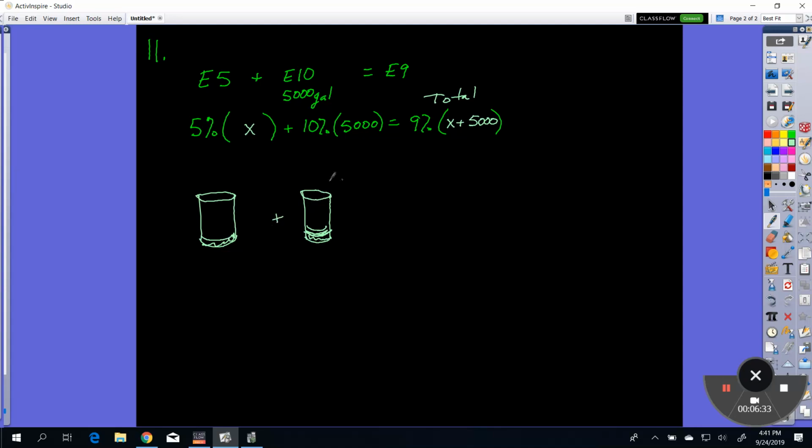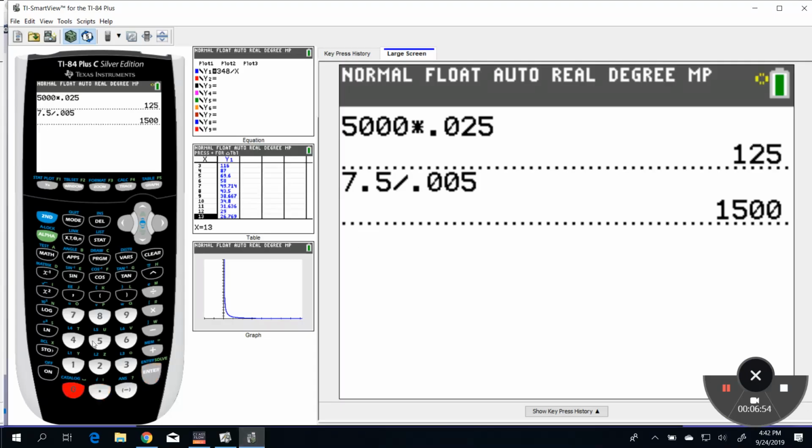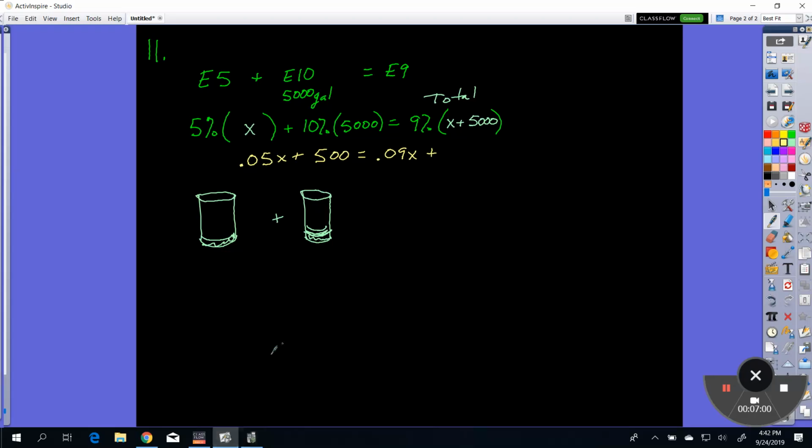When I do the math part on this, I change the percents to decimals. So I'm going to have 0.05x plus 10% of 5,000, which is 0.1 of 5,000, so that's 500, equals 0.09x plus 0.09 times 5,000, which should be 450.